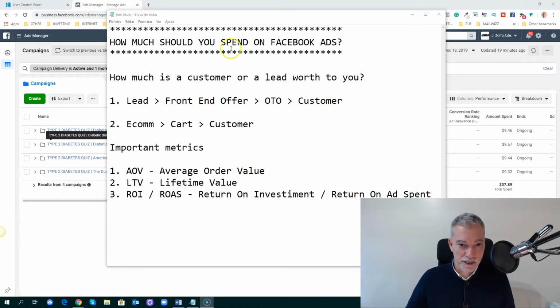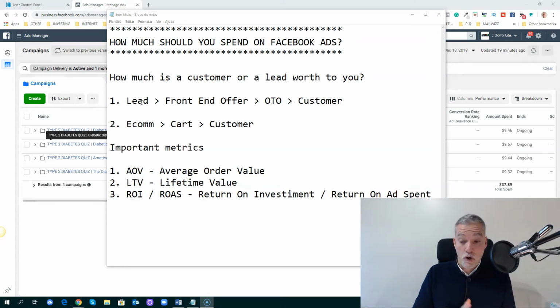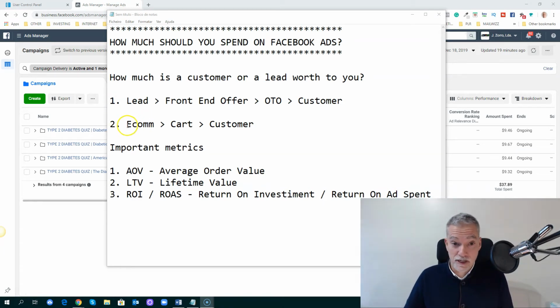You can build, for instance, a funnel like this, where you just collect a lead, and then after that you just have a front-end offer, and then you have a one-time offer or upgrade, or you have, for instance, an Ecomm website, which is more generic, so people just add products to their carts and become a customer, okay?